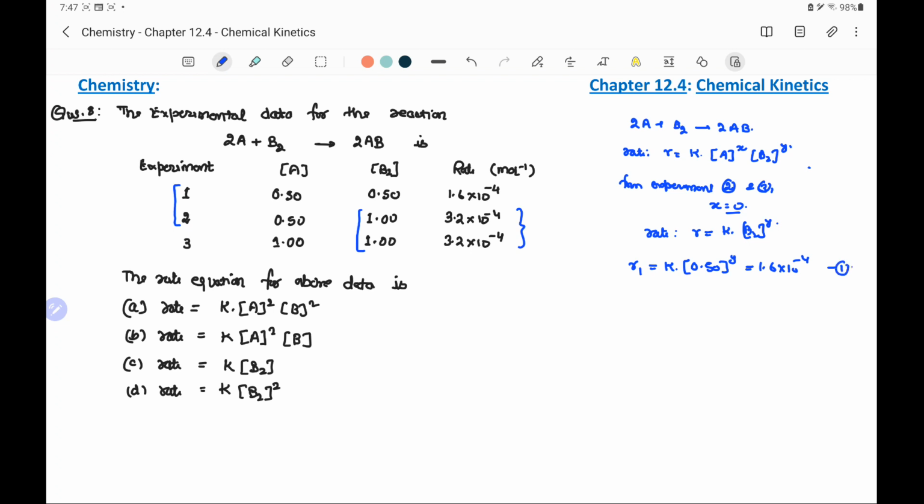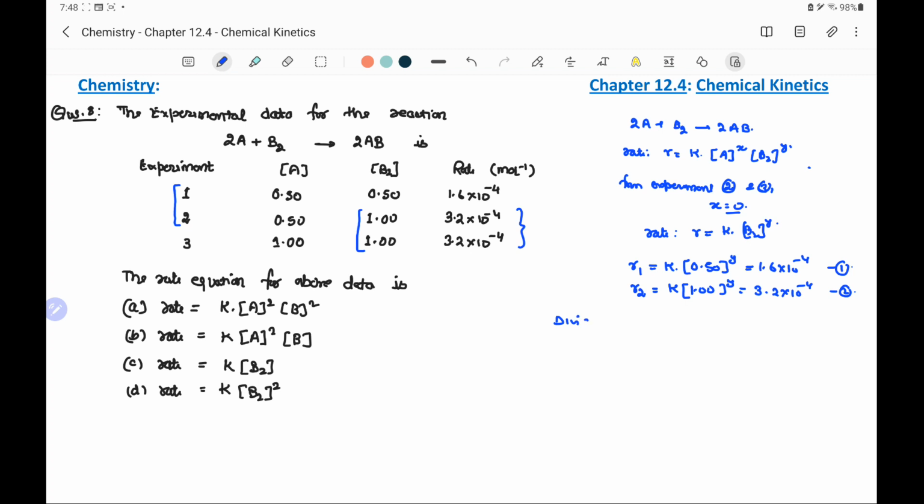This is equation number 1. For the second experiment, rate will be R2 and it will be the rate constant multiplied by 1.00 raised to the power y, and its value is given 3.2 into 10 to the power minus 4. This is equation number 2.